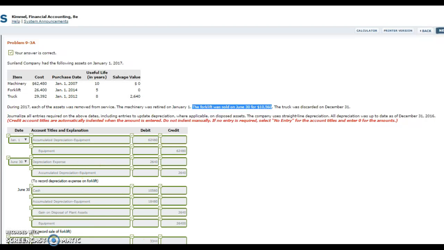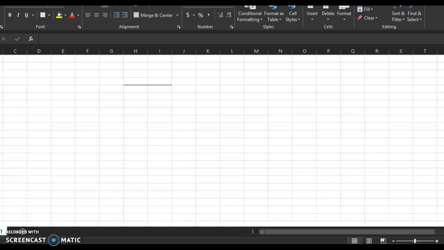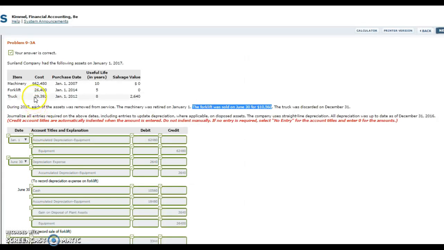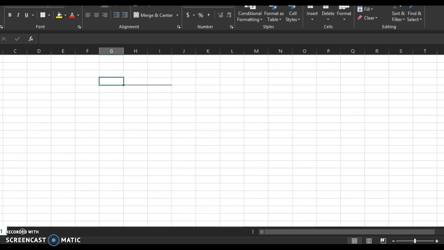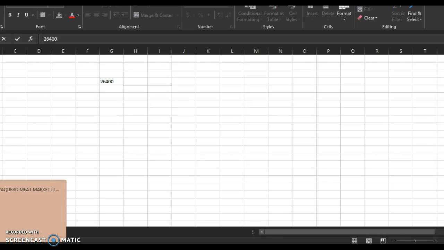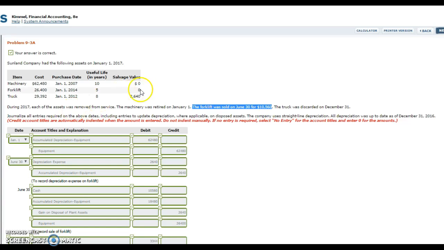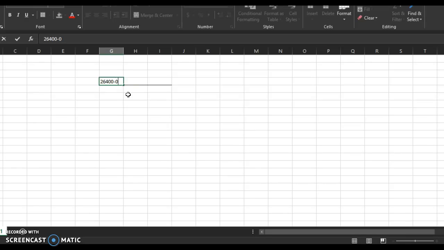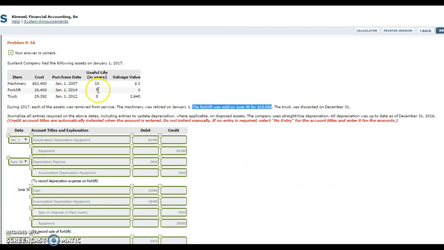So I'm just going to flip over here to Excel, since that was so much easier than trying to write on a whiteboard. So to figure out yearly depreciation for equipment, you take the equipment value, which was $26,400, and you subtract out the salvage value, which in this case was 0. And then you divide that by the number of useful life years.